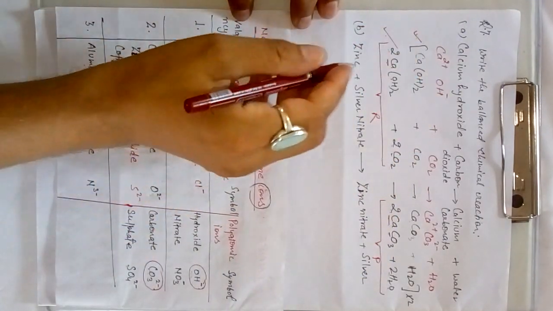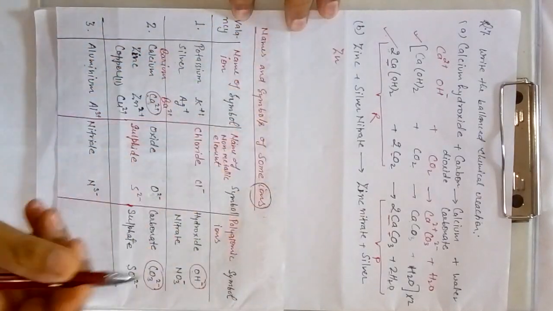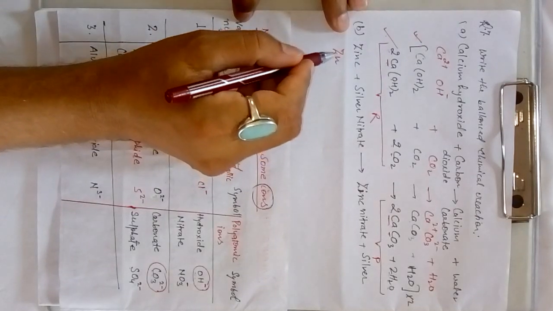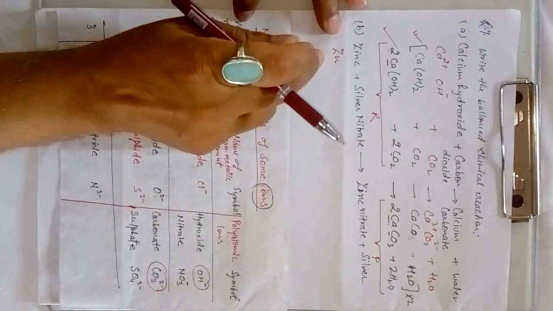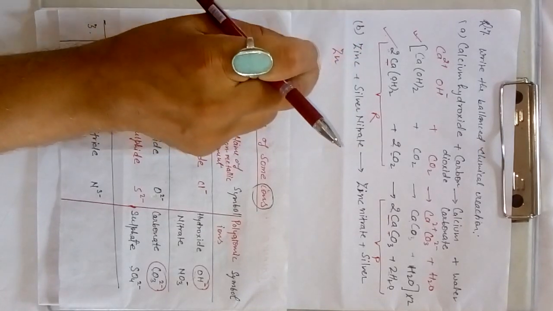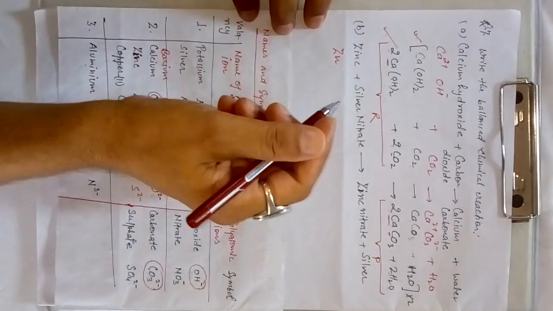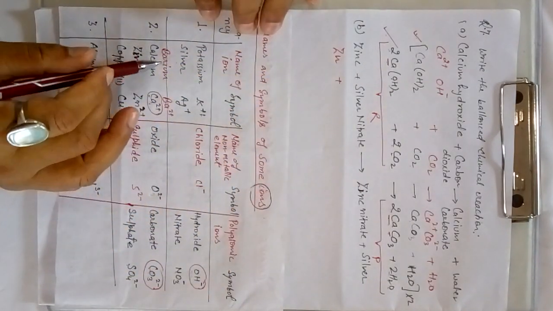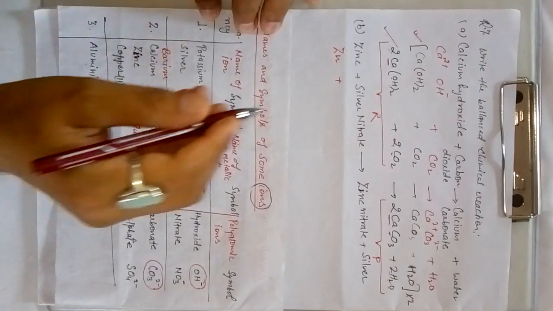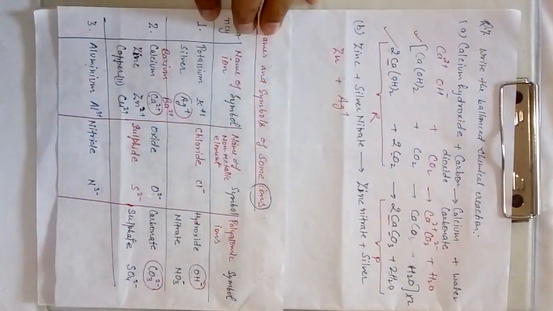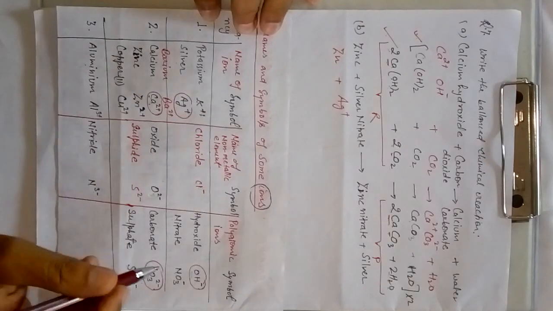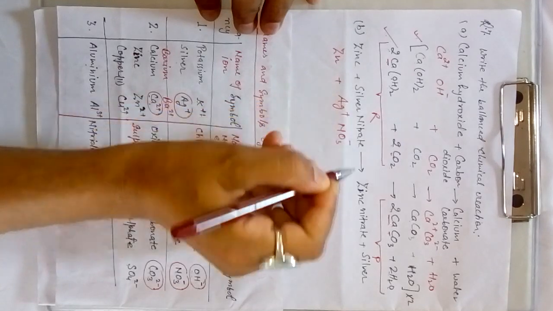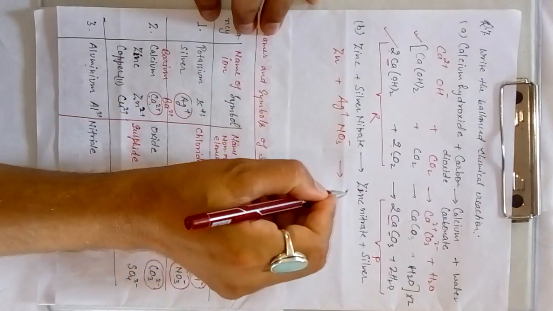Next is zinc, Zn. In a free state there is no need to write the charge, because in free state there should be no charge. Plus silver nitrate, here is silver, Ag+, nitrate ion, this is NO3-, gives zinc, Zn.